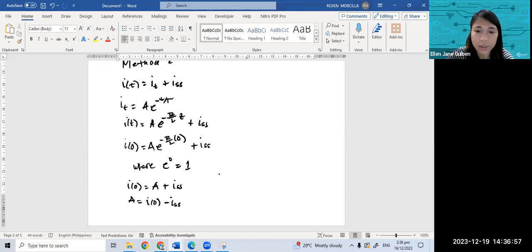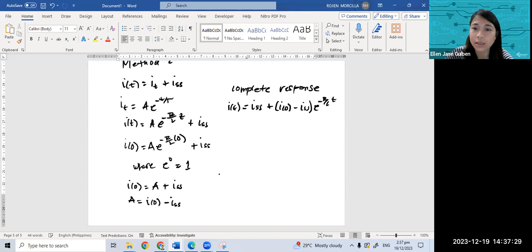This is the complete response: I of t is equal to I steady state plus I at 0 minus I steady state times e to the negative R over L t. This part is the steady state, and this one is the transient response.